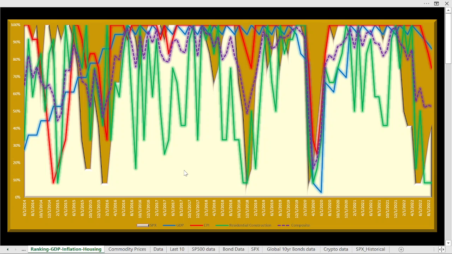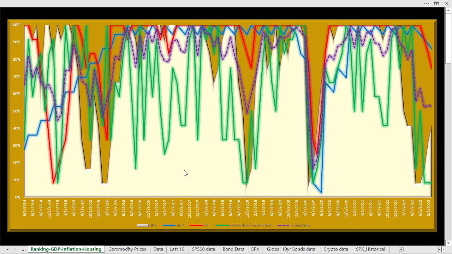But again, the reason why I chose to run the math this way is every monthly report reflects its position within a 12-month ranking. So if January is a good score and February is an even better score, you're going to have a continued improving ranking.